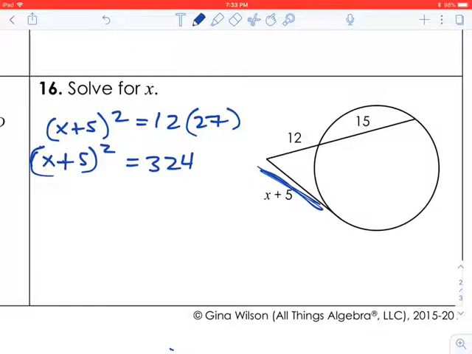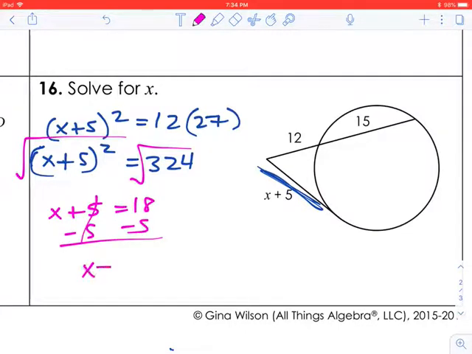Now this one you can do one of two ways, but the easiest way is going to be to just get rid of the square right away. So the square root of 324 is 18, so x plus 5 equals 18, and then subtract 5.